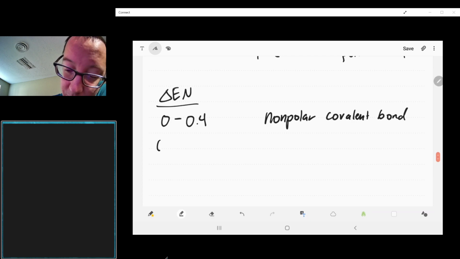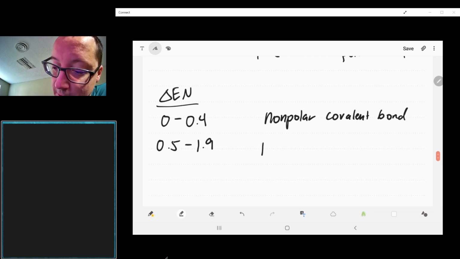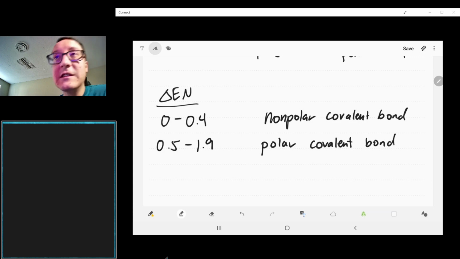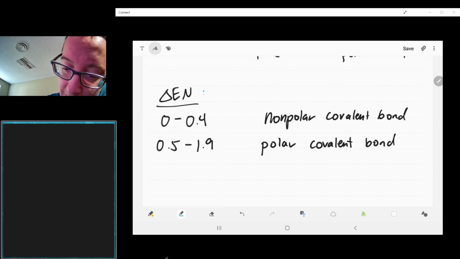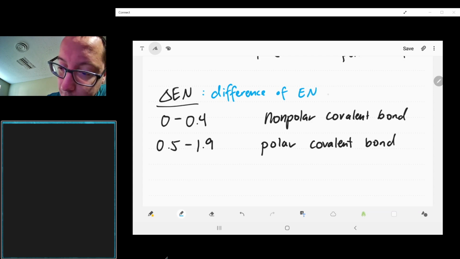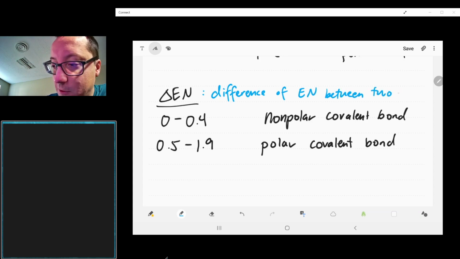All right, and if you're between 0.5 to, say, 1.9 or so, that's going to be a polar covalent bond. And so this is just the difference of electronegativity between the two elements.